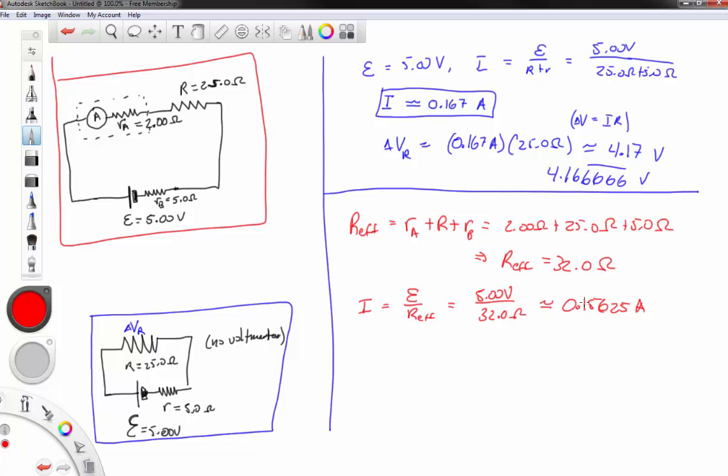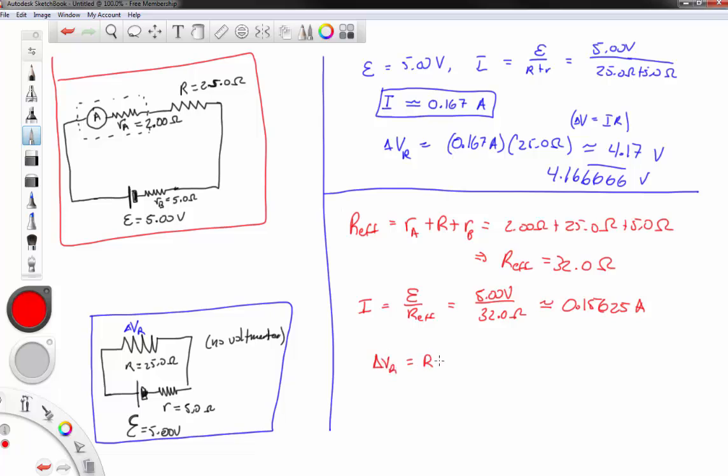So again, you can see that this is a bit smaller of a current than what we have up here. This was 0.16 repeating, here it's 0.156.